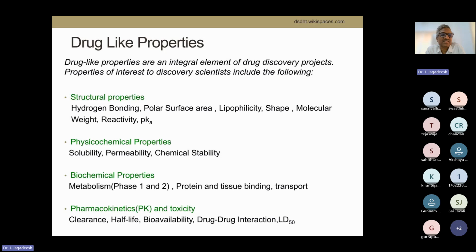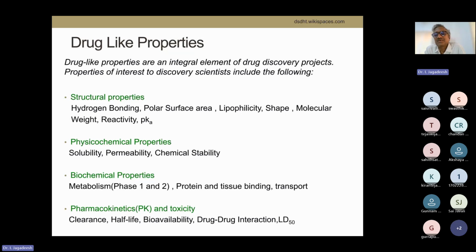So what are the properties we have to see now? The first one is the structural properties. That is hydrogen bonding, where we have proton donors not more than 5 and proton acceptors not more than 10. Polar surface area not more than 140 angstrom square. Lipophilicity, where the log P value is less than 5.